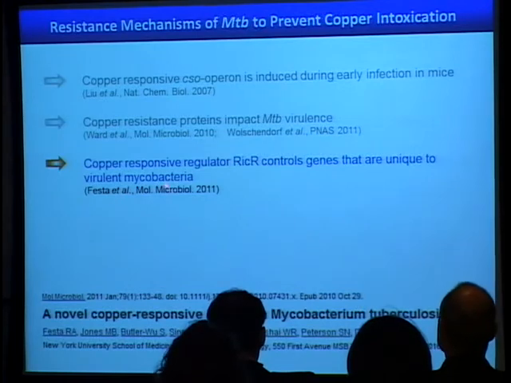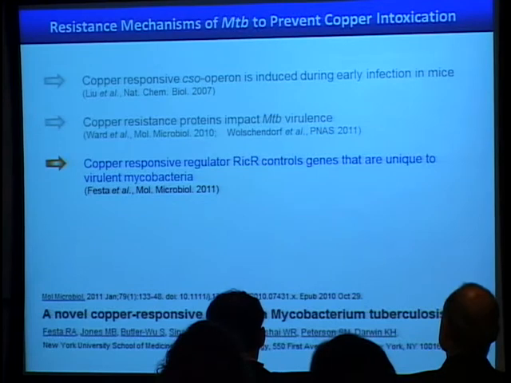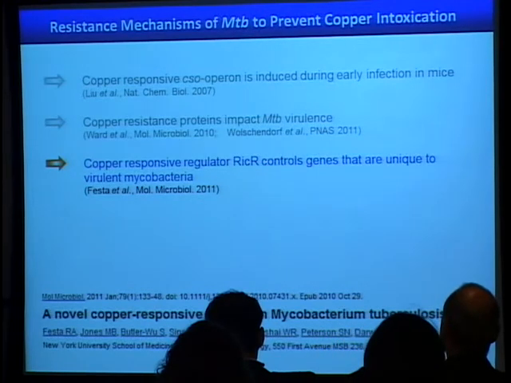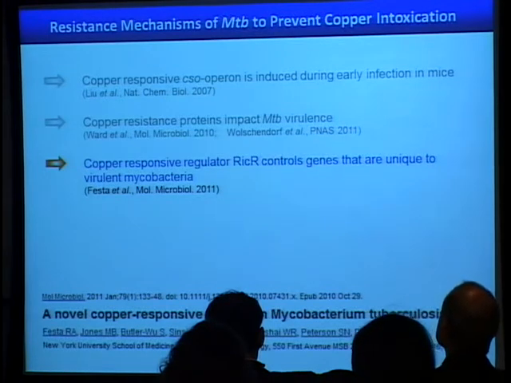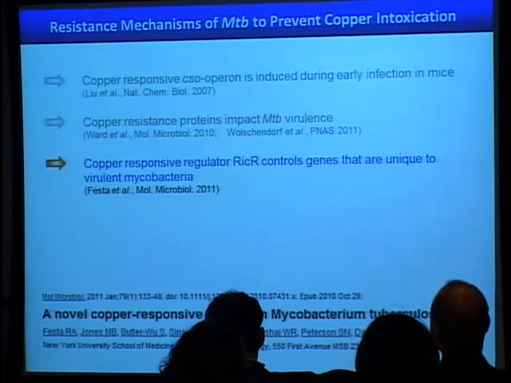Then last year, a publication came out where they discovered another copper-responsive regulator called RicR. It also binds copper, and when it does so, it releases and induces expression of an entire regulon. Some of these genes are implicated in copper resistance, and others are important for virulence, but we don't really know what they are actually doing.